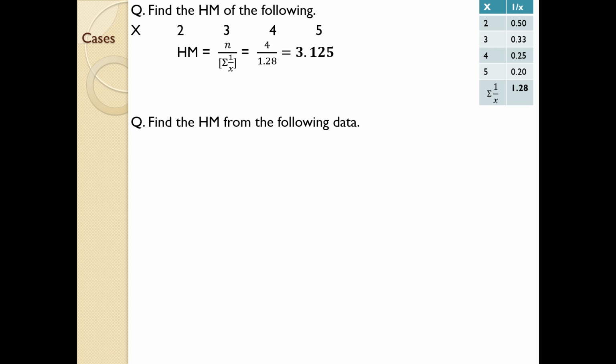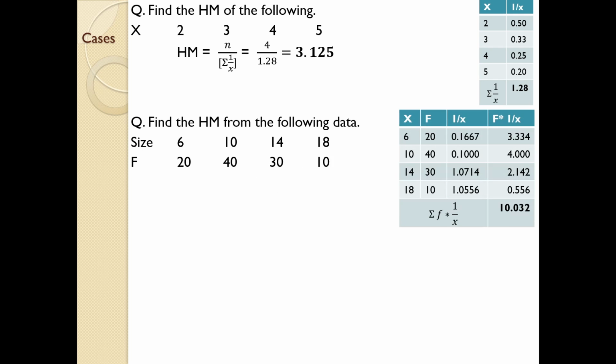Next one, harmonic mean from the following data. Size is given, f is given, very easy. Just substitute the details in the equation. Write down the x, write down f. Next one, 1 by x. I hope you know how to find 1 by x. Write down each item of 1 by x. Next one, f into 1 by x.